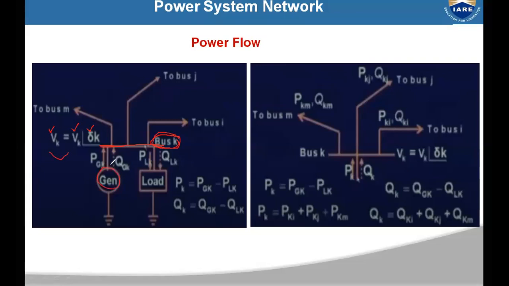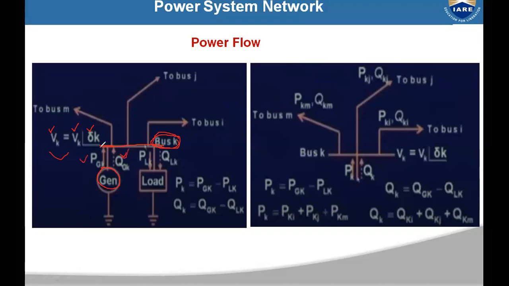This generator will supply power to the bus. That power is both active as well as reactive power, so the power generated and supplied to bus K is PGK and QGK. These are the generated active power and reactive power, and both are fed into the bus.